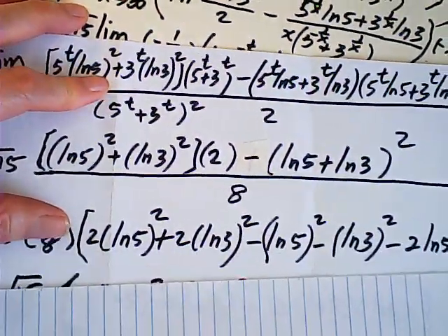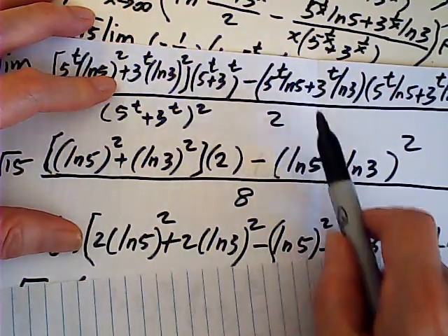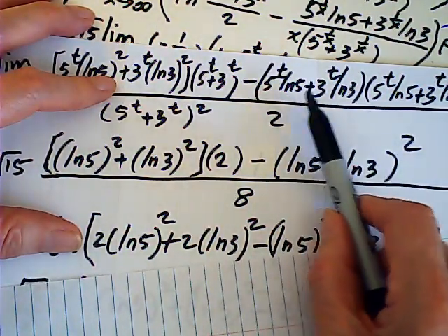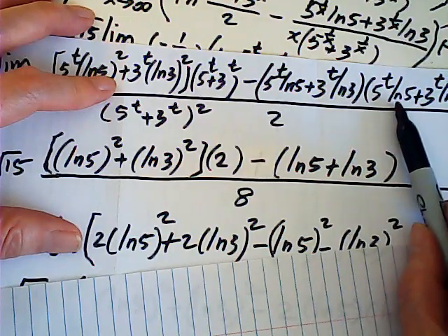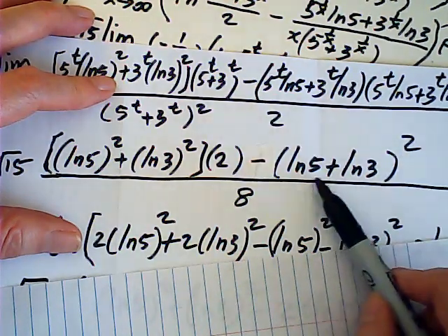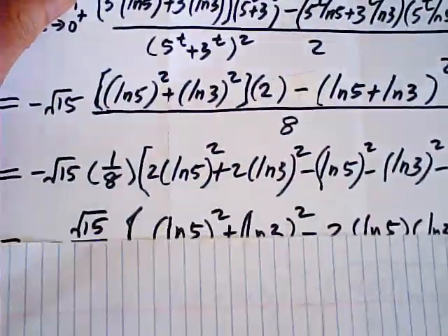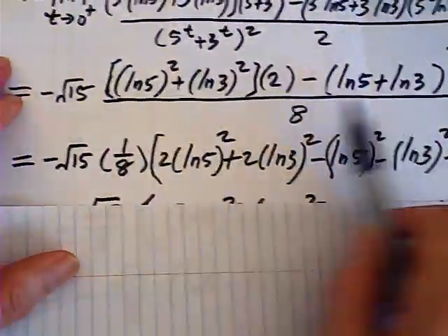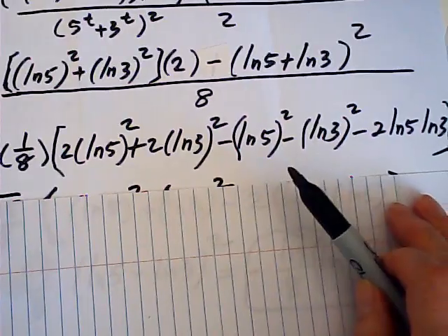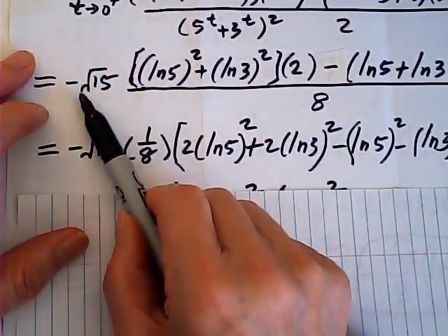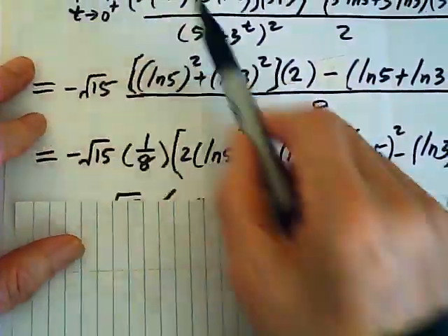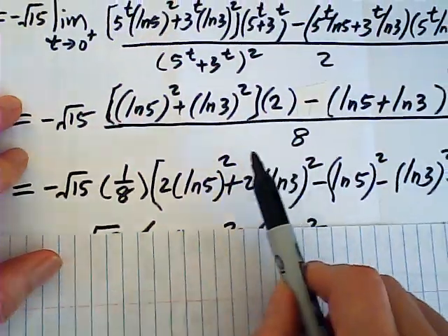And this is log 5 plus log 3, which becomes log 5 plus log 3 squared. Now from here, just simple calculations. Negative root 15, that is this one. This is 8.